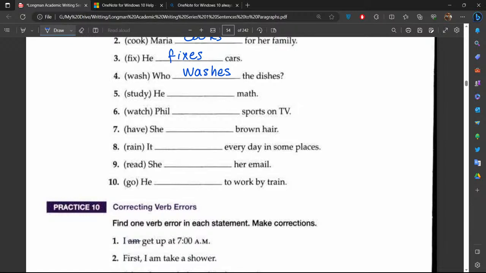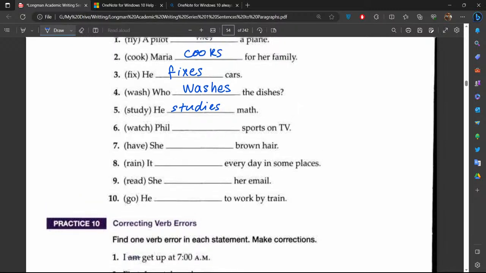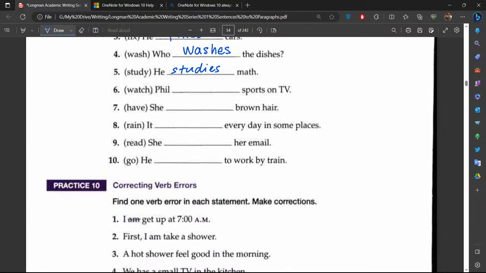Five, study. It is ending in a y, so what we do, we remove y and add ies. Watch, Phil watches. She, the verb is have.